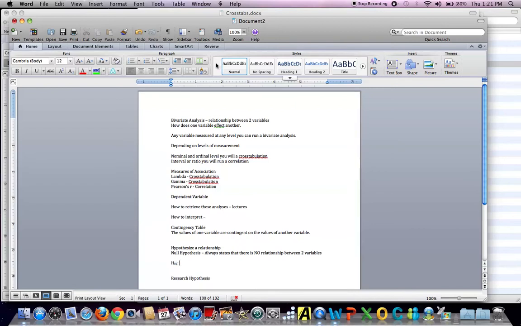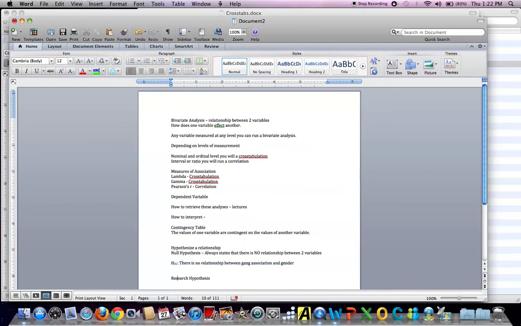So H01: there is no relationship between gang association and gender or sex.